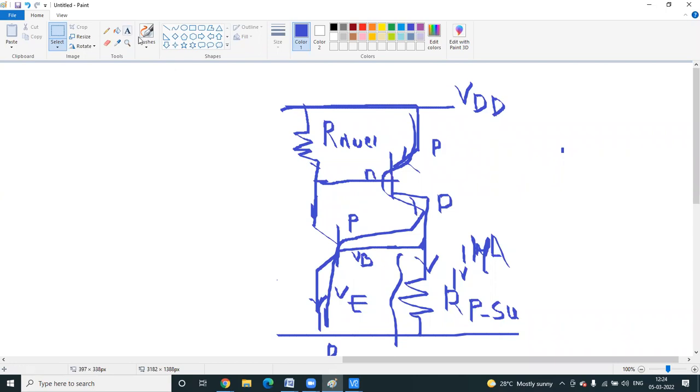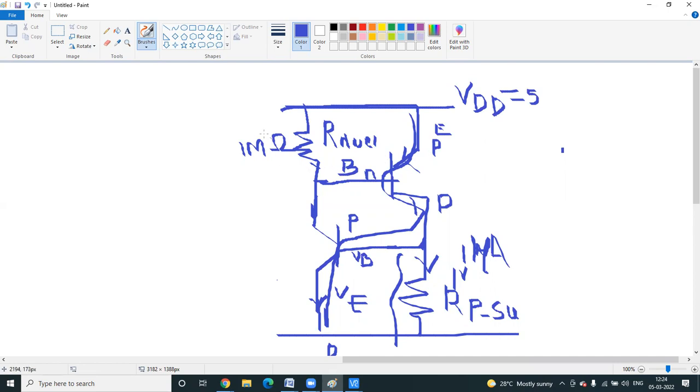Okay, this is a PNP. Assume this is also 1 mega ohm. VDD voltage is 5 volt. So this is here, emitter potential is here. This is a base.